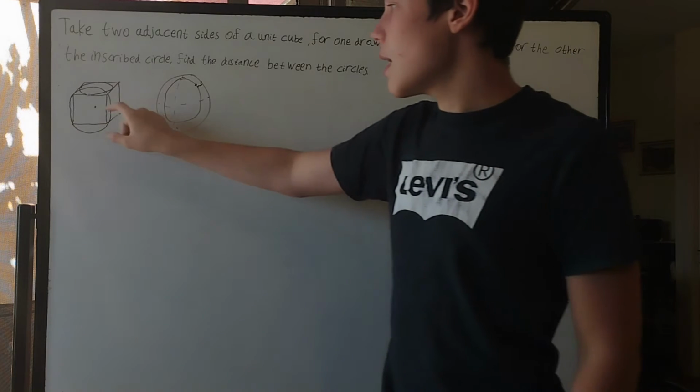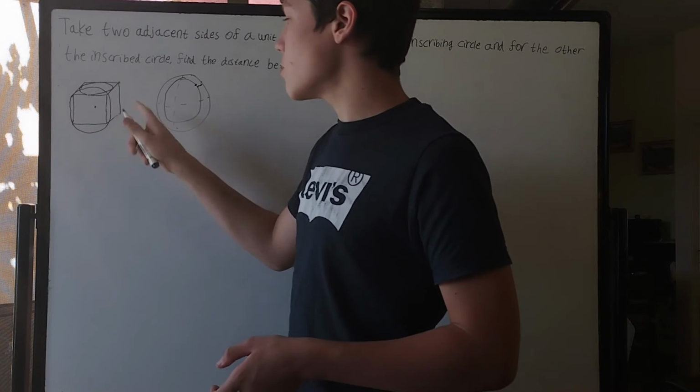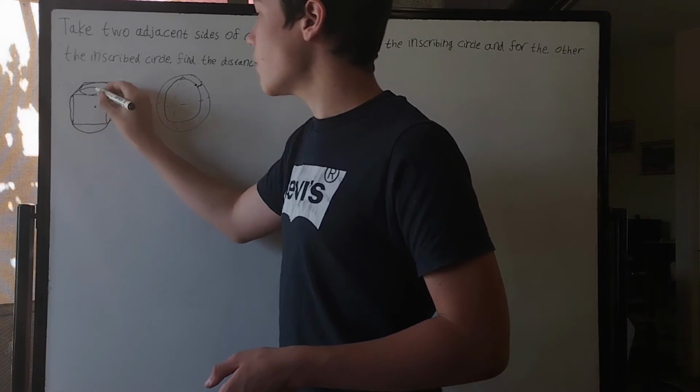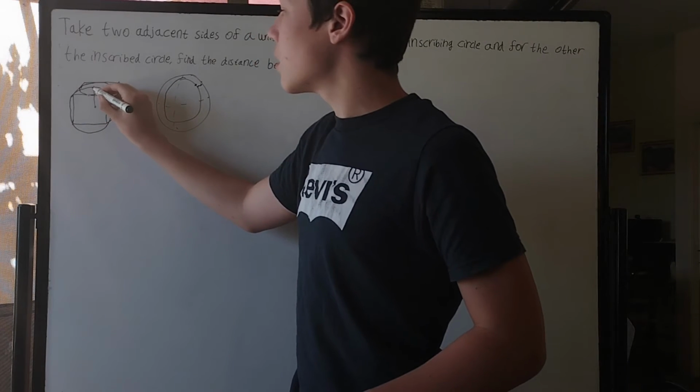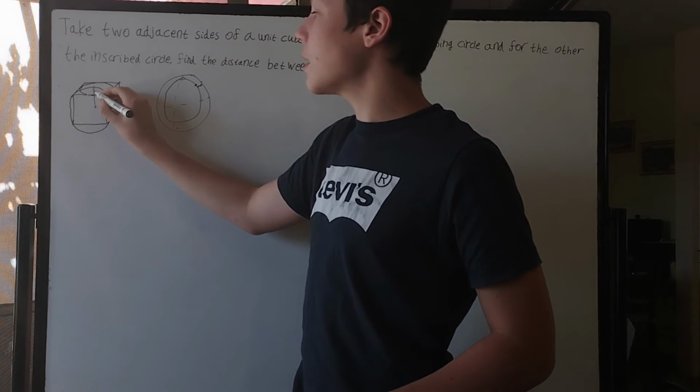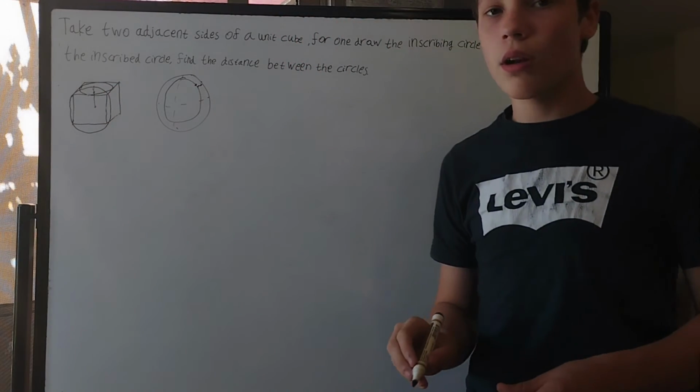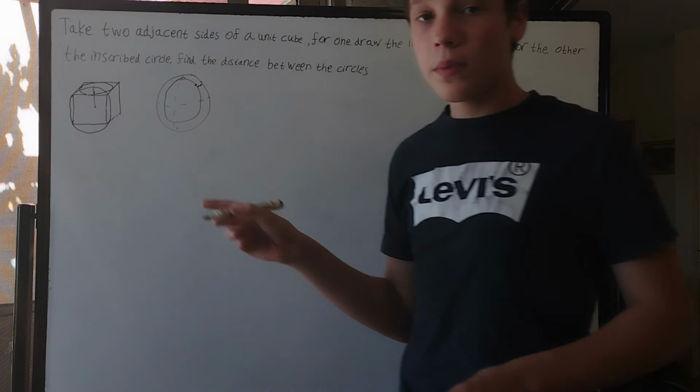If we take the line that goes to the top, it would intersect the cube at some point here, so it will be inside the inscribed circle.